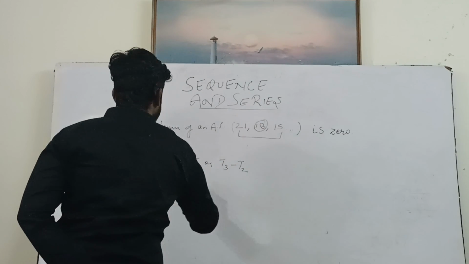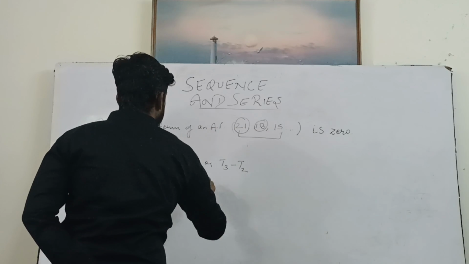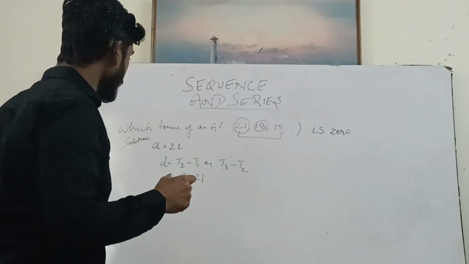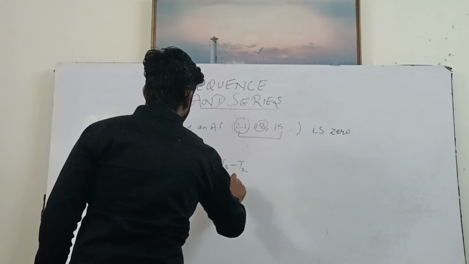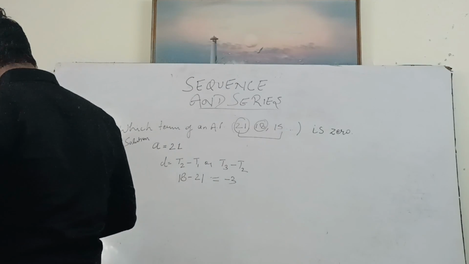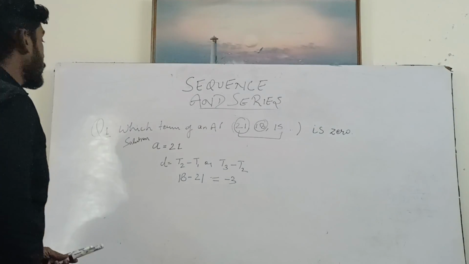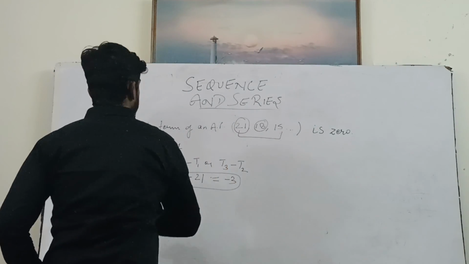T2 is 18 minus T1, that is the first term, or a you can say. So this comes out to be equal to minus 3. Clear? Any doubts? So the common difference comes out equal to minus 3.